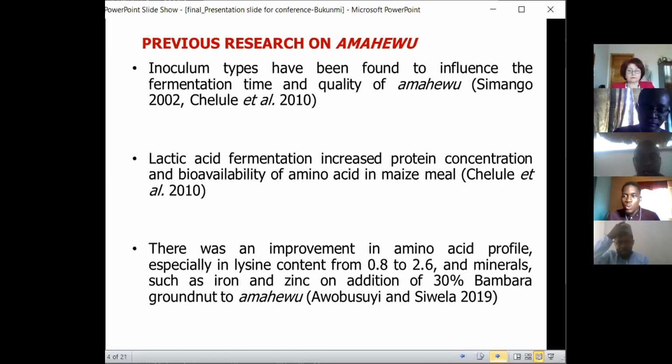More recently, Awubusui in 2019 improved the protein quality of Amaheu by adding Bambara groundnut, an underutilized legume, and found that the protein content increased, and also the lysine content, which is a very important amino acid in the body.